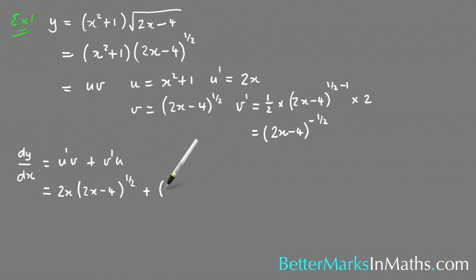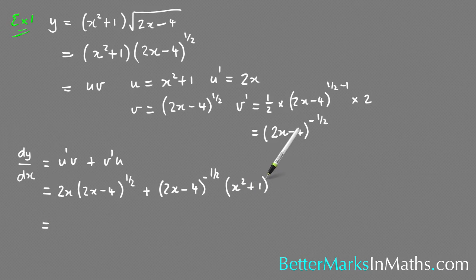So putting this first v dash, 2x minus 4 to the minus 1 half multiplied by, that's 1 half, would you believe, and by u, so x squared plus 1, and then simplifying this.